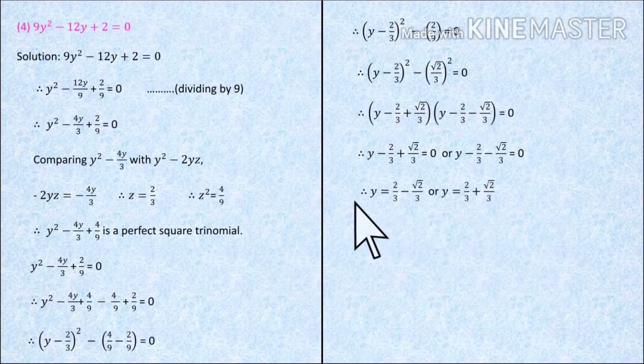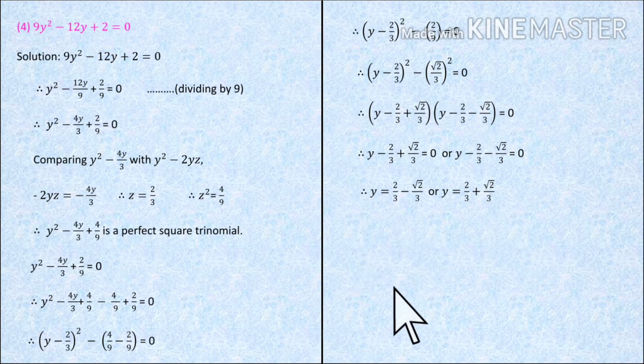Now find the value of y. Change the minus 2 by 3 and plus root 2 by 3 to the other side. So we get y is equal to 2 by 3 minus root 2 by 3, or y is equal to 2 by 3 plus root 2 by 3.